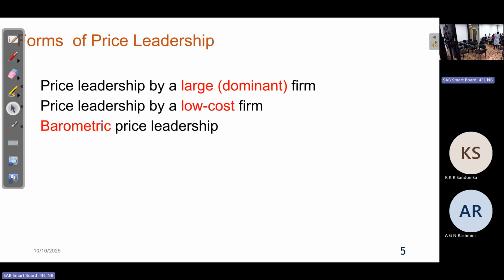However, if we take it as retail shops, there are many. Then it comes to monopolistic competition. So you have to be a little bit cautious when you are defining supermarkets. Okay.